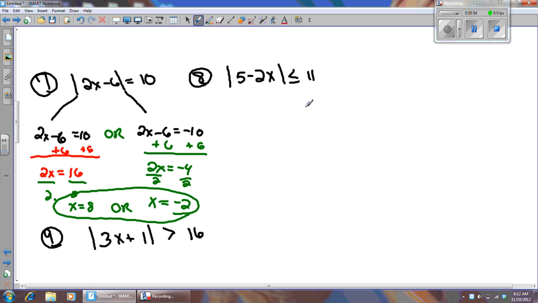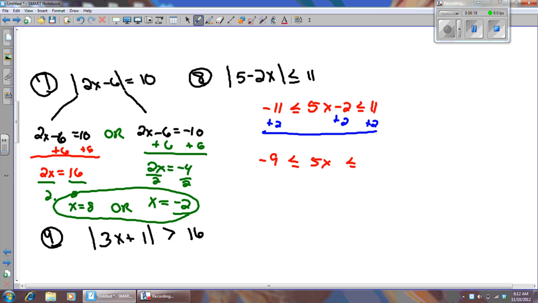So I'm going to do 5x minus 2 is less than or equal to 11. And negative 11 is going to be less than or equal to 5x minus 2. I add 2 in 3 places. And that gives me negative 9 is less than or equal to 5x, which is less than or equal to 13, silly me.